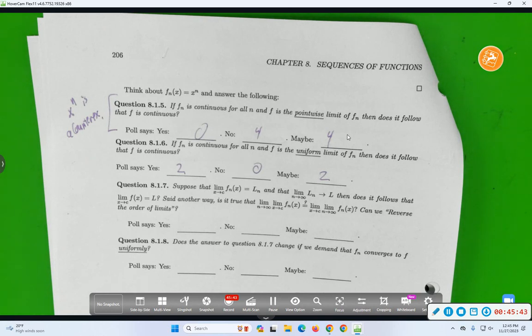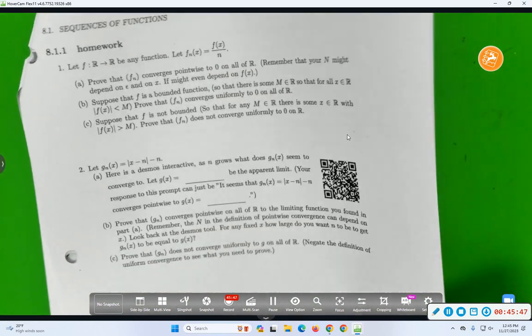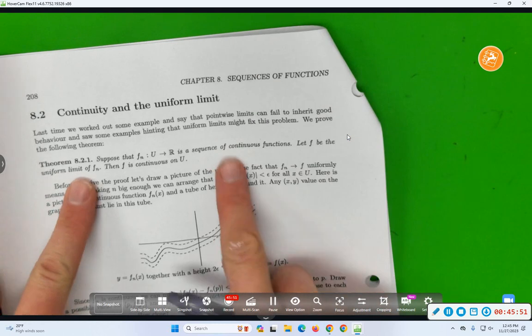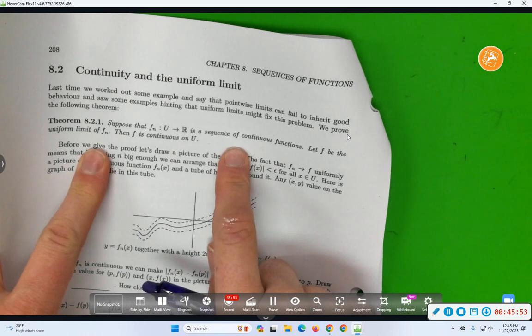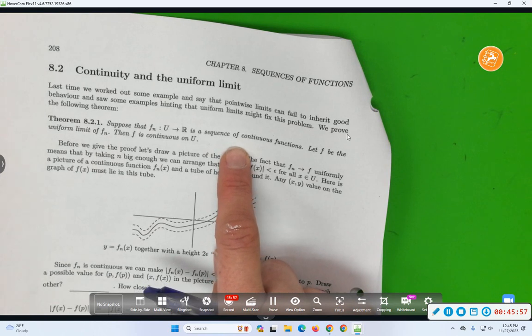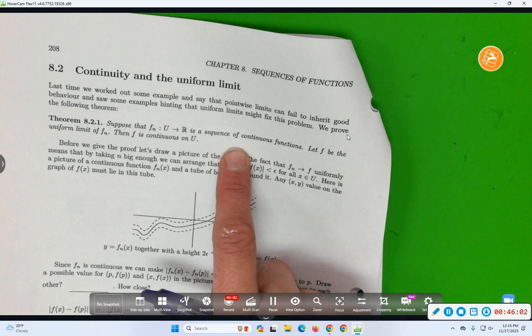Anyway, we certainly haven't proven it, but the whole point of uniform convergence is the following. If you take a sequence of continuous functions that converges uniformly, the uniform limit is continuous. A powerful thing you can do with that is cook up really weird functions.